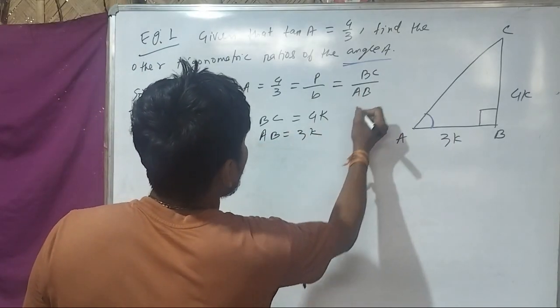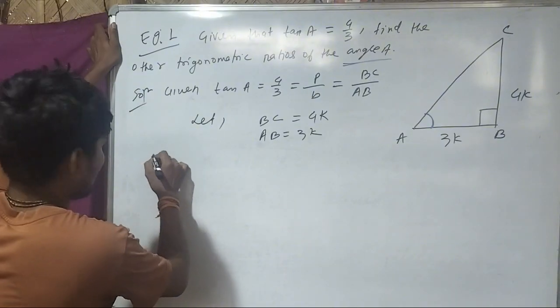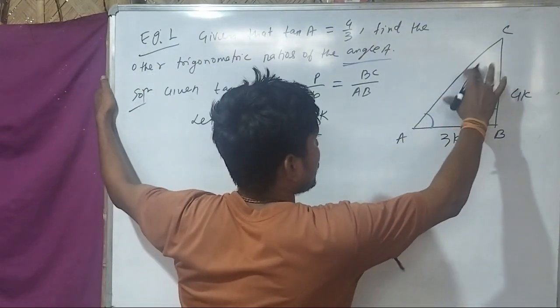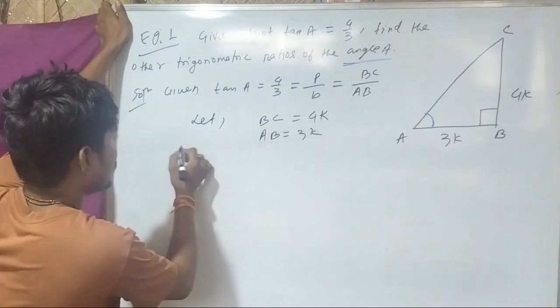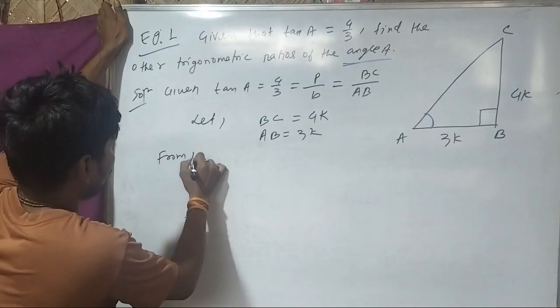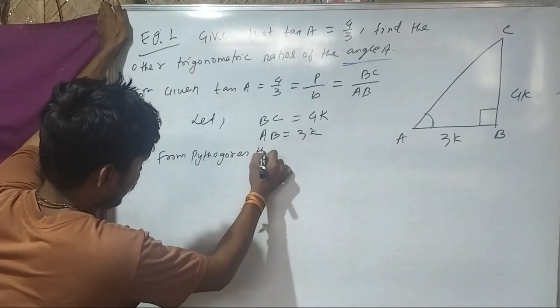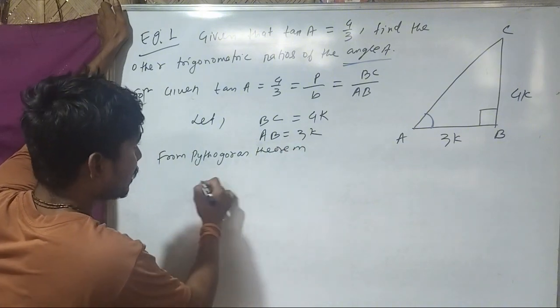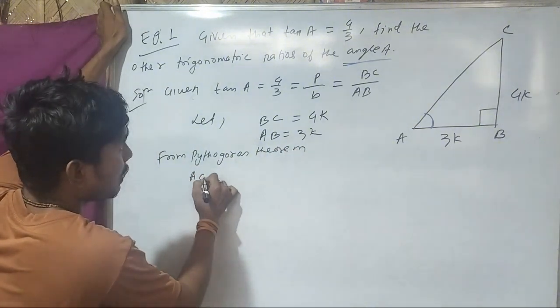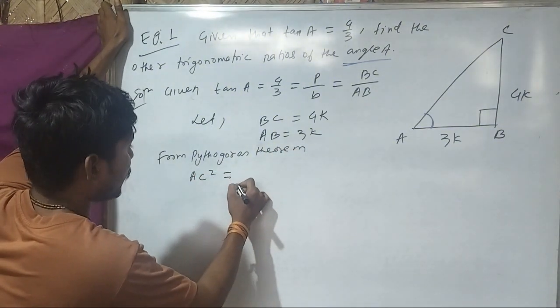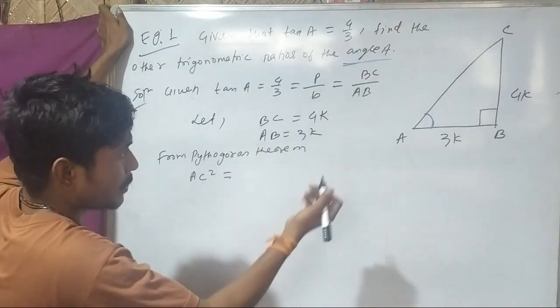BC and AB we have, now we need the other side AC also, from the Pythagoras theorem. Hypotenuse square equals base square plus perpendicular square.